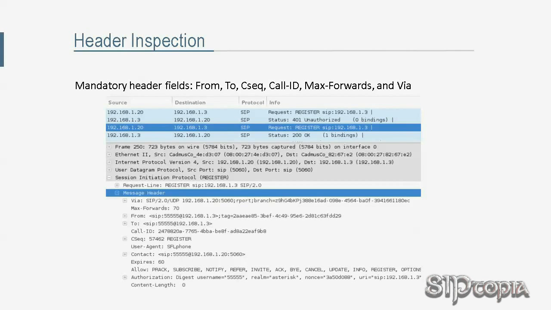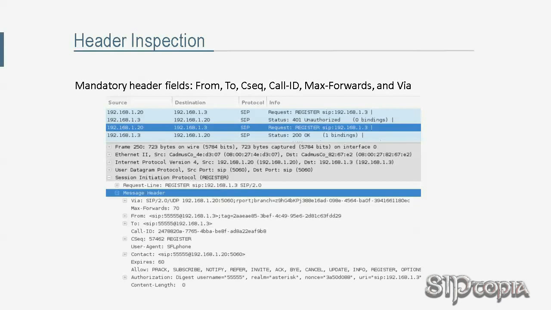Next up is the header inspection. First of all, from earlier tutorials, we know the fact that every request must have all 6 of the following header fields: From, To, CSeq, Call-ID, Max-Forwards, and Via.